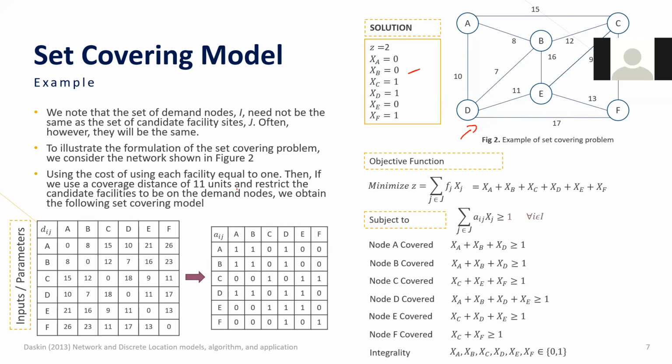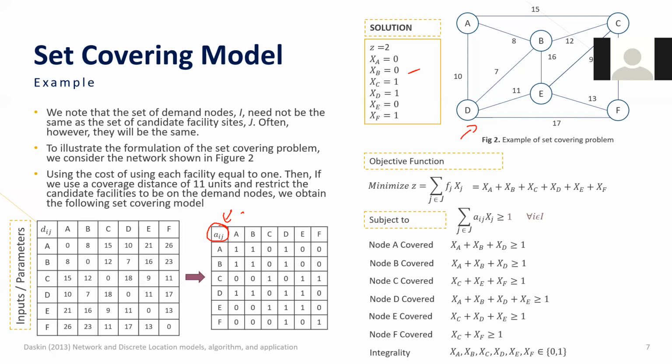But for a facility set covering problem, the parameter we actually need is whether one facility can cover another facility or not. The parameter that I mentioned earlier, which we denote as Aij, or the adjacency matrix, is not yet available here. We cannot see it from the picture.